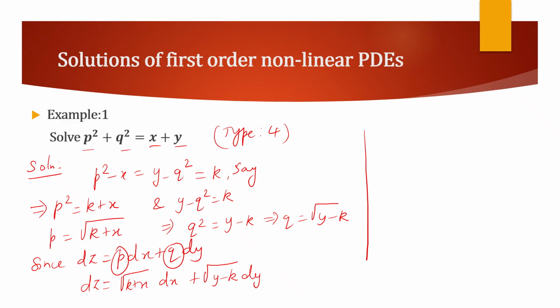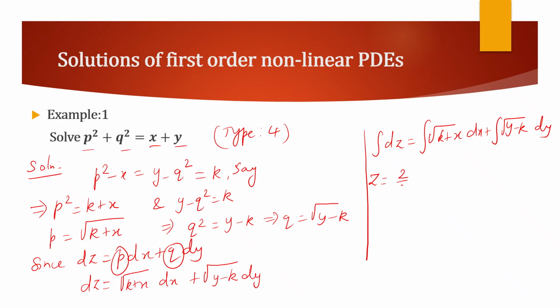Now integrating this, we get square root of k plus x, or we can write the same as k plus x the whole power 1 by 2, plus integral of square root of y minus k dy. So now for integration we get z in the left hand side, and in the right hand side, since it is k plus x the whole power 1 by 2, upon integration we get the power 1 by 2 plus 1, that is 3 by 2, divided by 3 by 2.